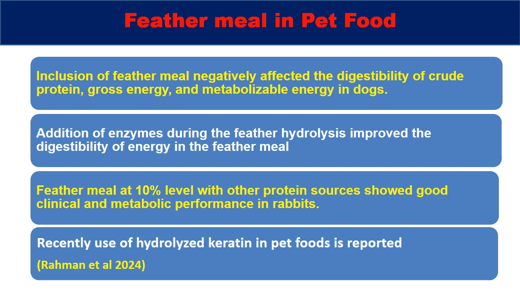So when we want to use feather meal in pet food, it can be used up to a 10% level with other protein, and that shows good clinical and metabolic performance in rabbits. Now recently there is a report about the use of hydrolyzed keratin in pet foods with better results. So these are some of the scope for using feather meal in pet foods.